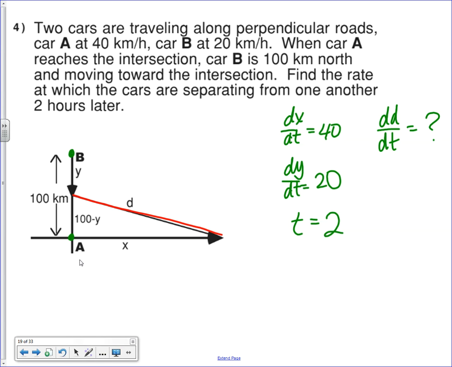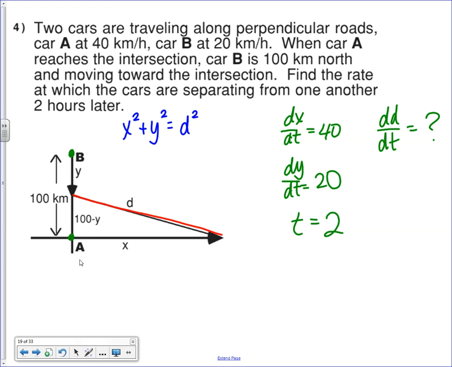All right, so we need to figure out a lot of stuff here. First of all, what equation are we going to use? We are going to use a Pythagorean theorem triangle. In our case, x squared plus y squared equals d squared.